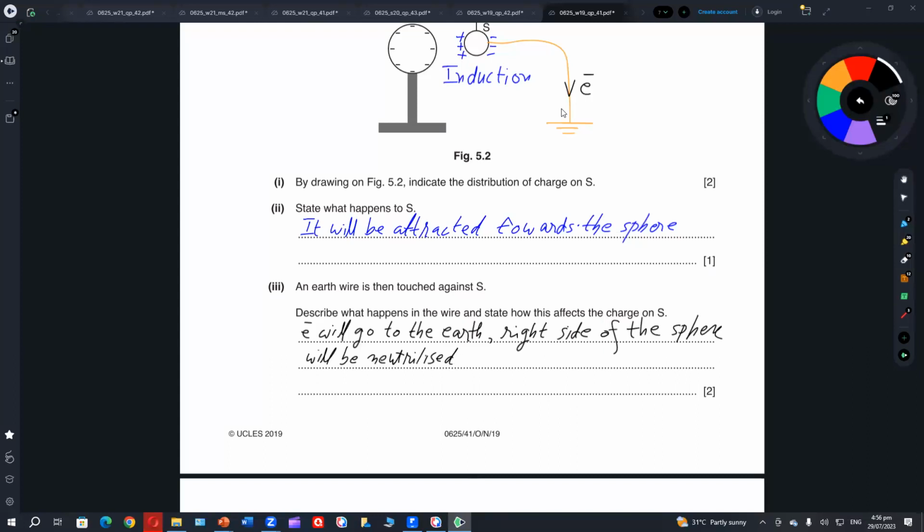The right side of the sphere will be neutralized. Quickly copy, the time is getting over. Whenever you earth something, that portion will become neutralized.